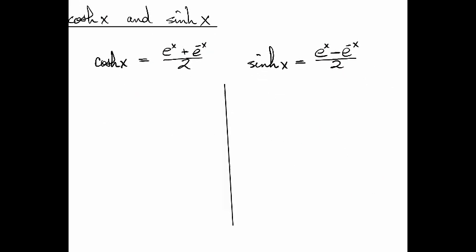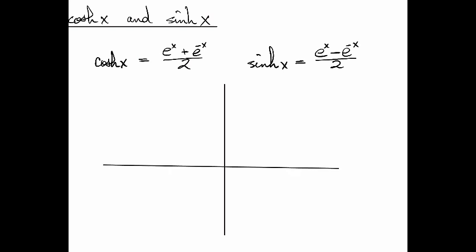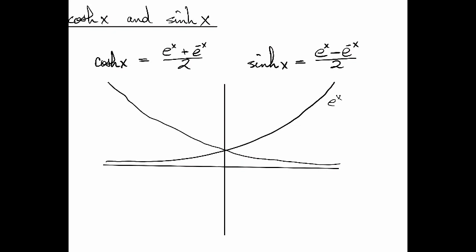So we'll take our axes, something like that. Okay, so if I look at e to the x, it's going to look something like this. So there's my e to the x, and then e to the negative x is going to look something like that. Okay, so there's e to the negative x.